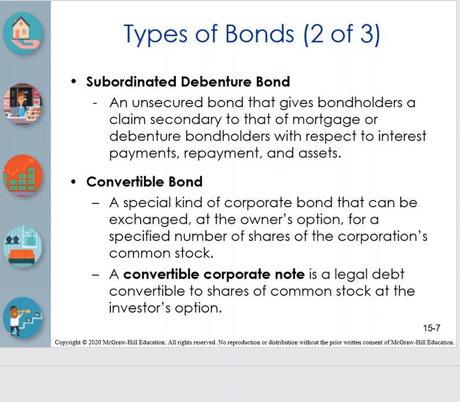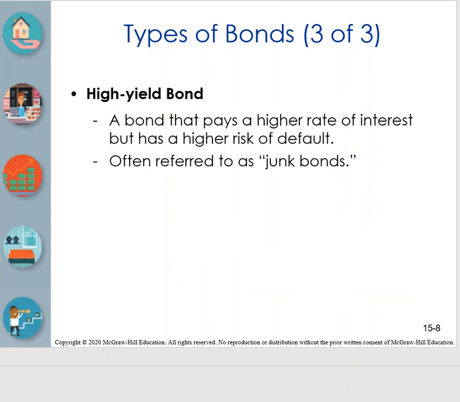This type of bond can be exchanged at the option of the owner for specified shares of stock or ownership. Finally, high yield bonds, oftentimes known as junk bonds, pay a higher rate of interest, but because of that higher rate of interest, you're taking a higher risk of the bond defaulting, hence the term junk bonds.